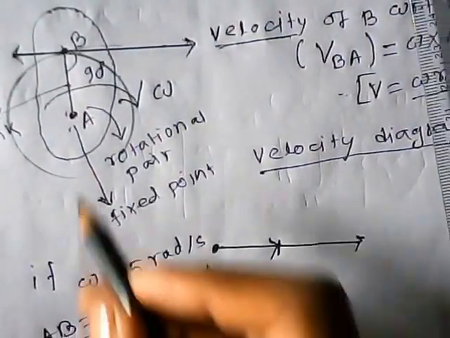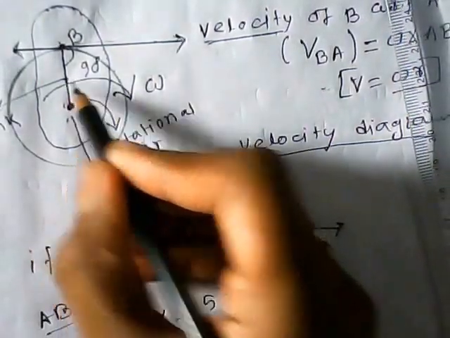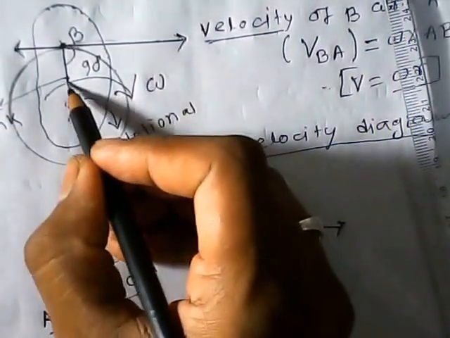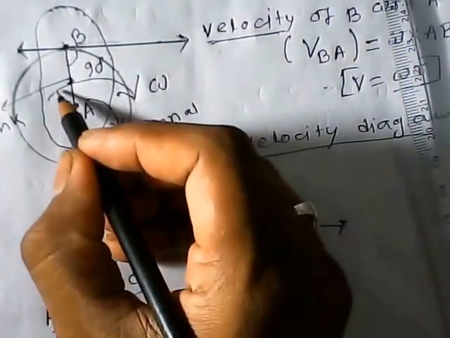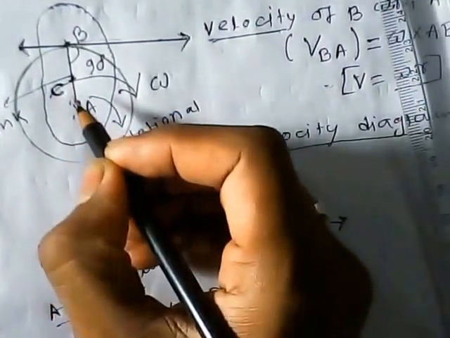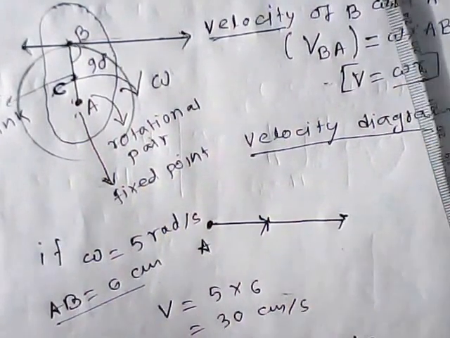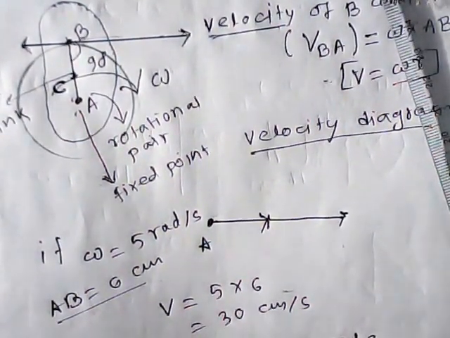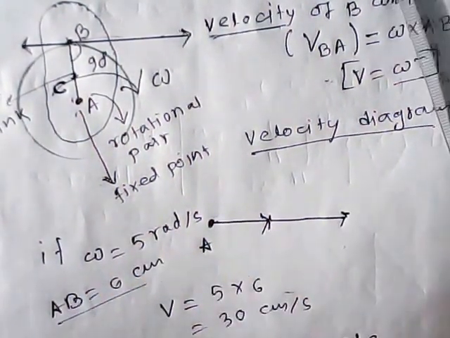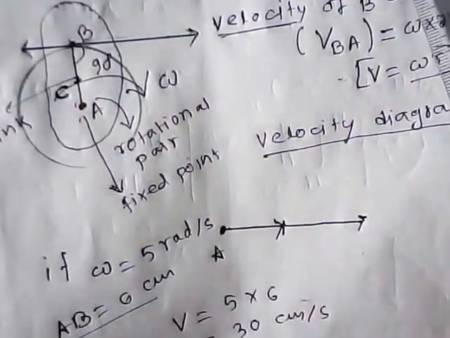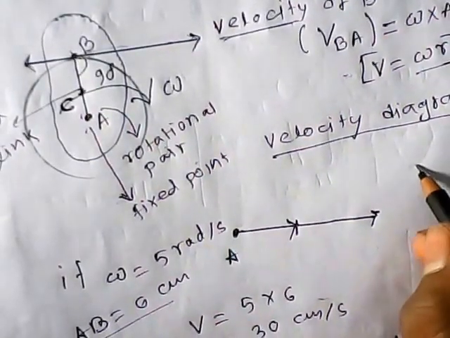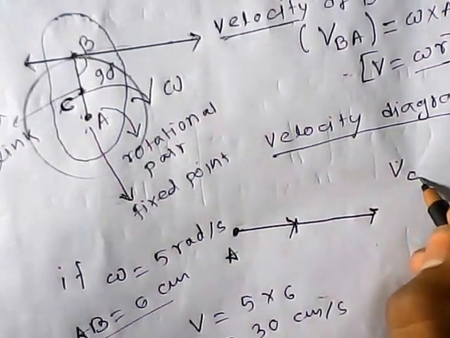Now if we have to determine the velocity of any point of the link AB, suppose this is the point C. First we determine the velocity of point B, then the velocity of any point of the link AB.